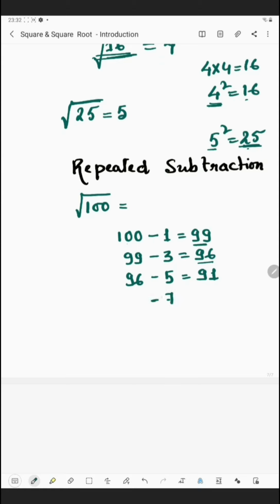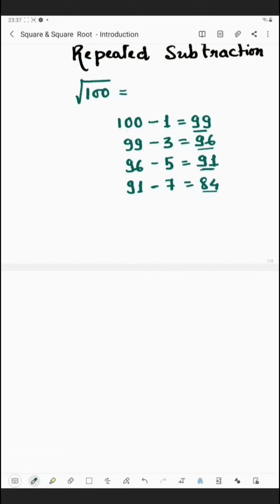After 5, 7 comes. So 7 will be subtracted from 91. 91 minus 7 is 84. Now our next odd number is 9, because after 7, 9 comes. So 9 will be subtracted from 84. 84 minus 9 is 75.